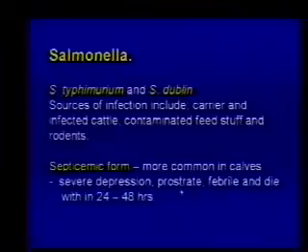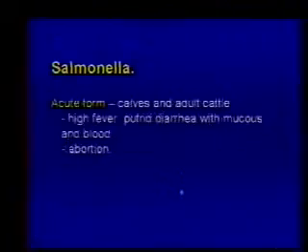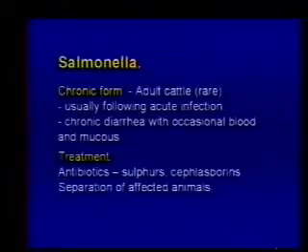We may have severe depression, and the animal may be prostrate, febrile, and die within 24 or 48 hours. Salmonella, the acute form, again in calves and adult cattle: fever, putrid diarrhea with mucus and blood. Hematochezia. And we also may see abortion from time to time.